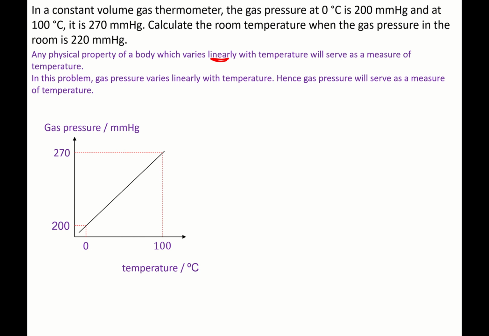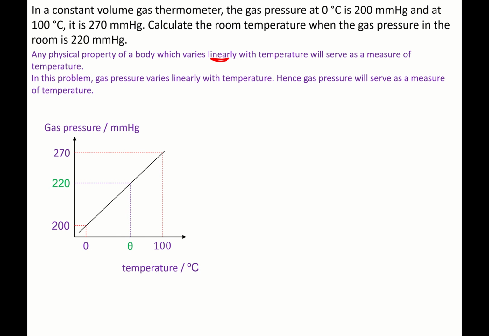And we have to calculate the room temperature when the gas pressure in the room is 220 mmHg. So 220 mmHg is between 200 and 270. So that puts the temperature in between 0 and 100 degrees Celsius. So you just place 220 somewhere in between 200 and 270.